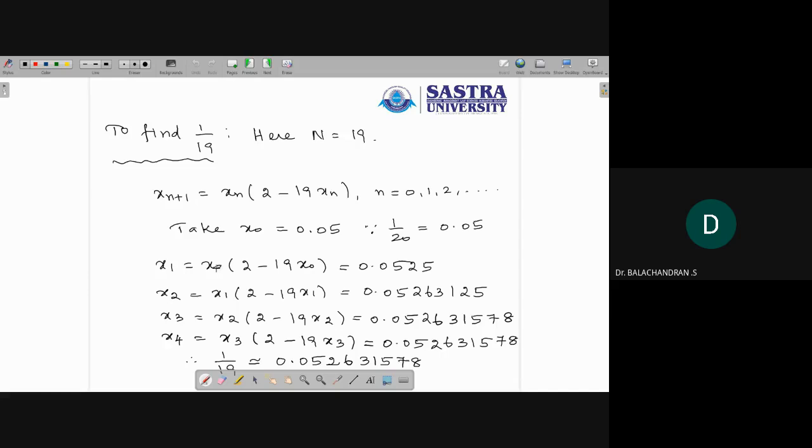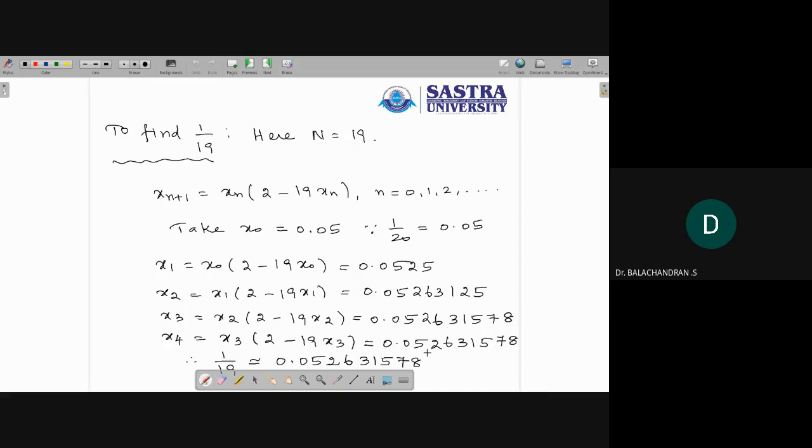So please check whether you are getting these values for x1, x2, x3, x4, using a calculator. x3 and x4 are nearly the same.